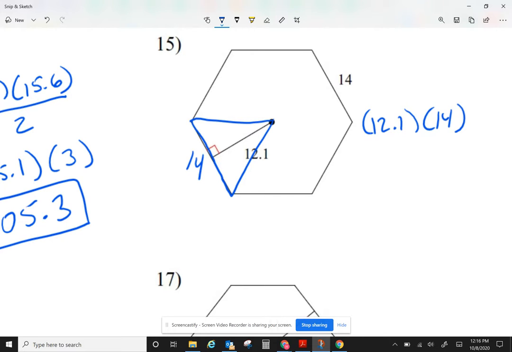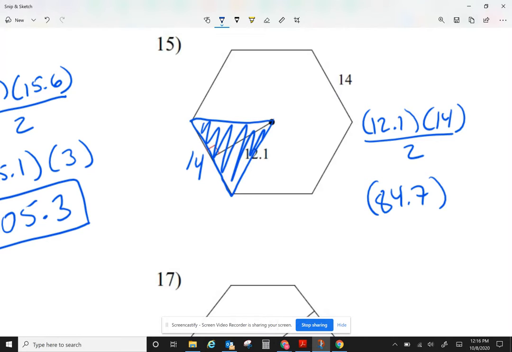I'm going to multiply the two numbers that intersect at the 90-degree corner, and intersect means they meet. And my result, I'm going to divide by 2. So 12.1 times 14 divided by 2 gives me 84.7. That is the area of this triangle.